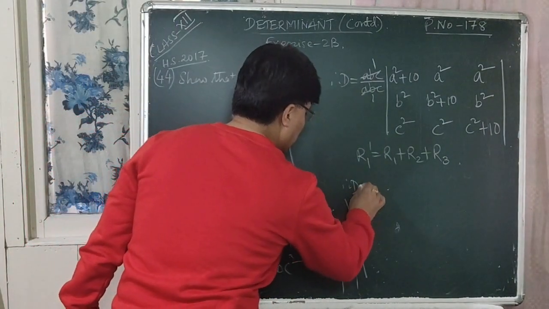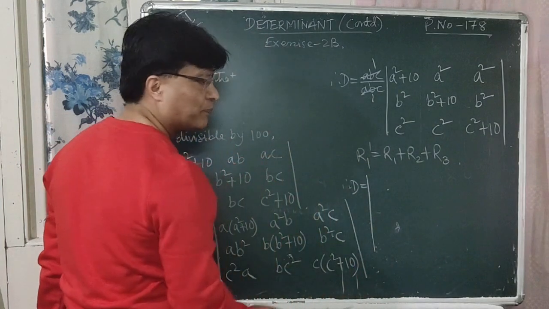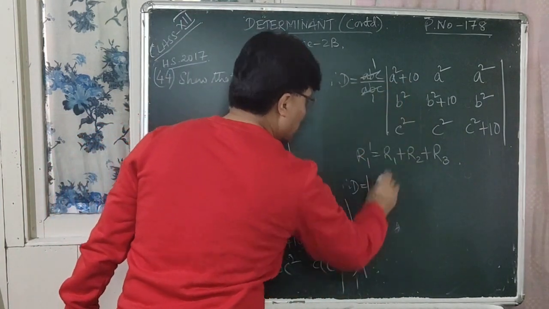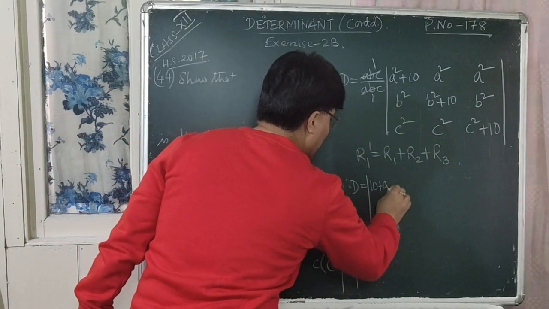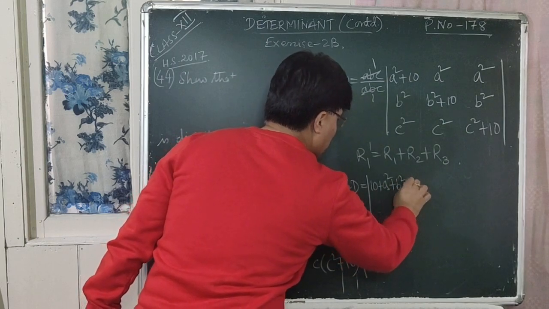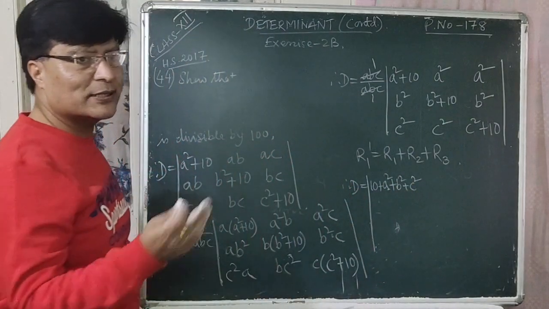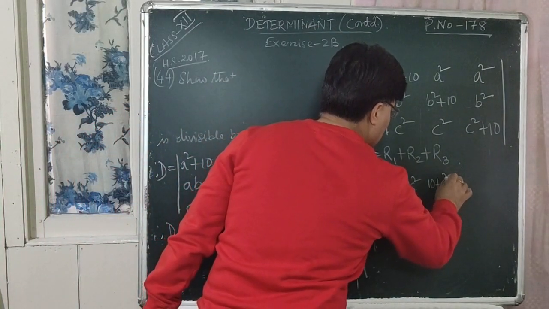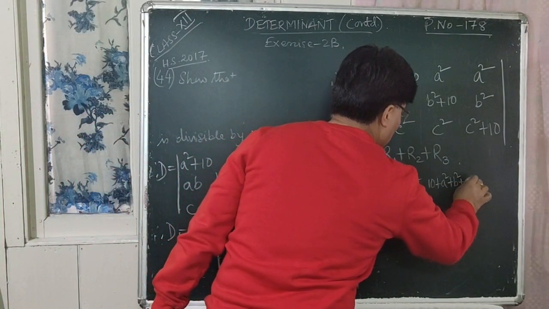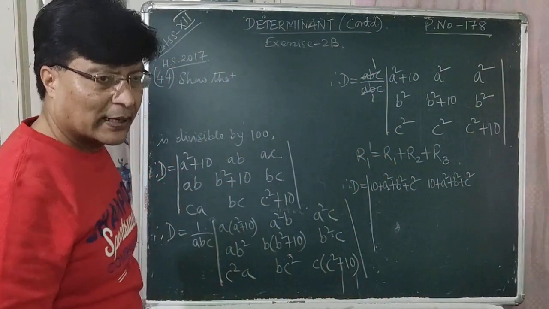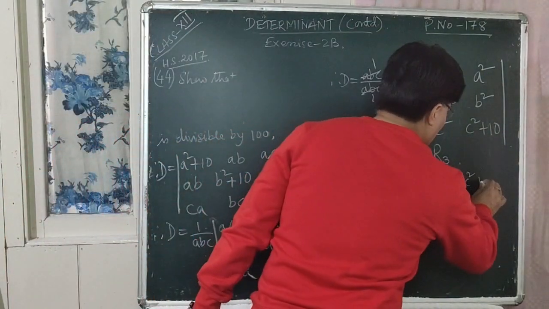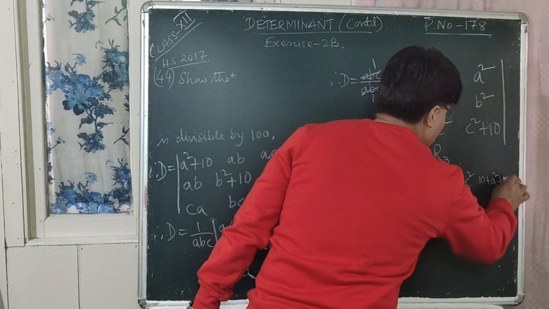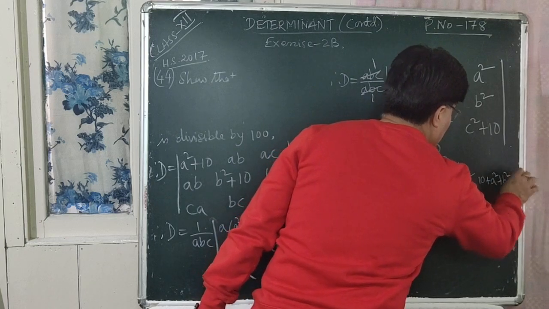So therefore D is equal to, what is the new first row now? 10 plus A square plus B square plus C square. Again, what is the second element? It is also 10 plus A square plus B square plus C square. Again, what is the third element? 10 plus A square plus B square plus C square.